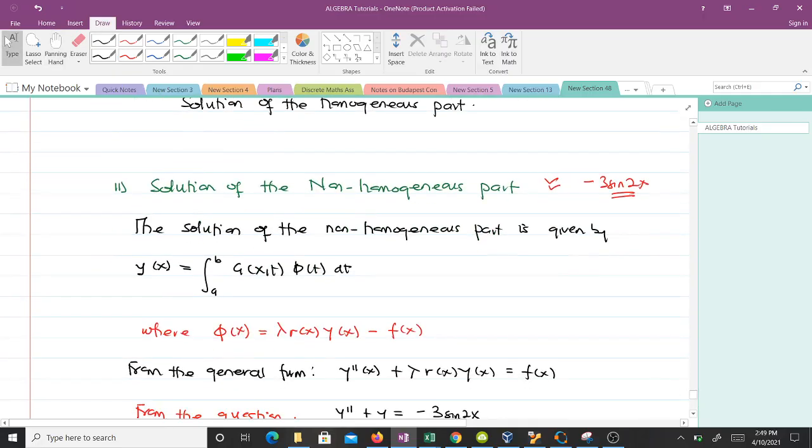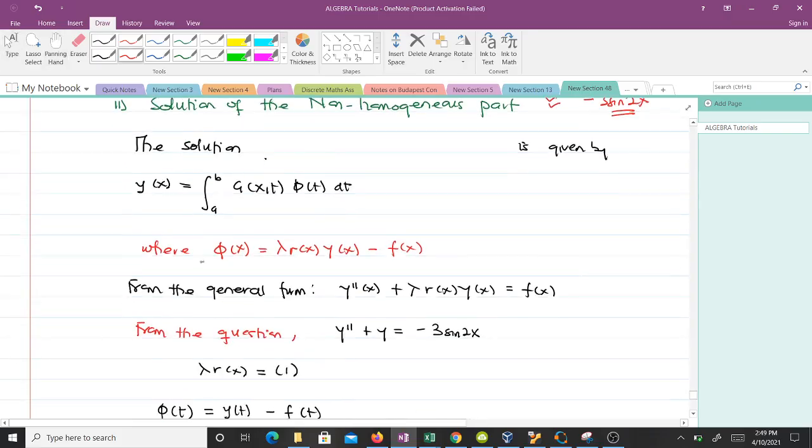So when you have a differential equation and you are solving it using a Green's function, the solution is given by y of x equals integral from a to b g of x, t phi of t dt, where phi of x is equal to what is here. So I'll explain to you the reason why it is that.